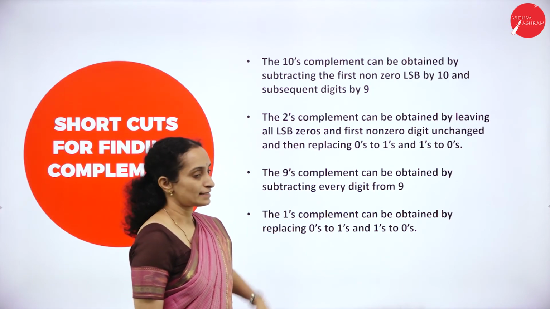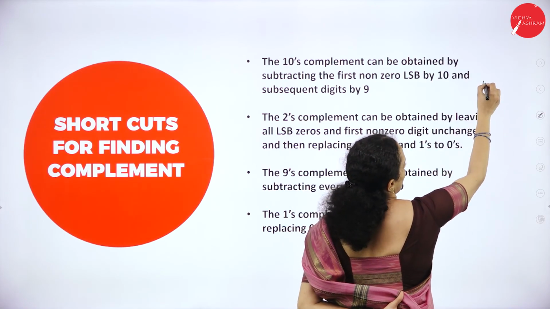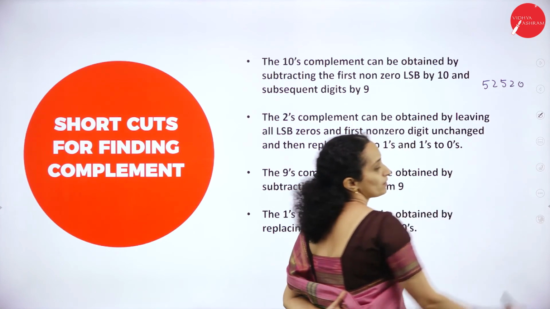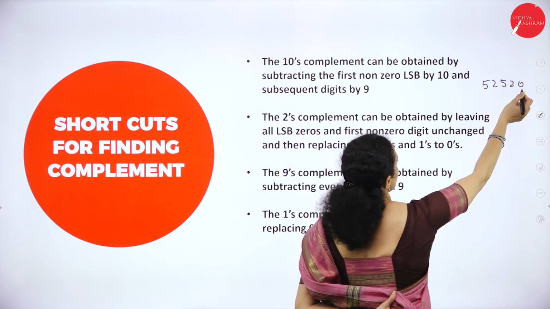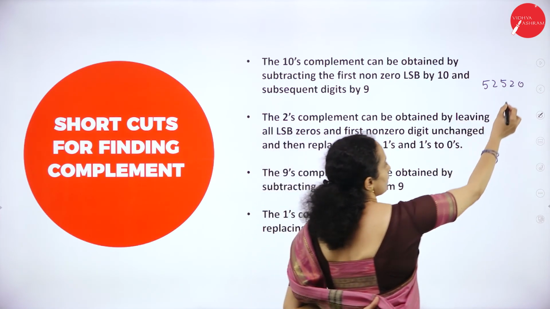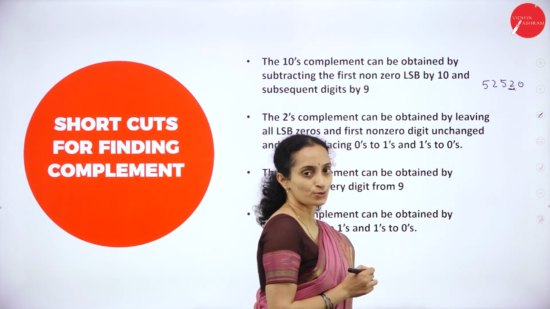Okay. Example, if you take the same example, 52520, the shortcut method is to subtract the first non-zero number from 10. Here the first non-zero number from the LSB is 2.